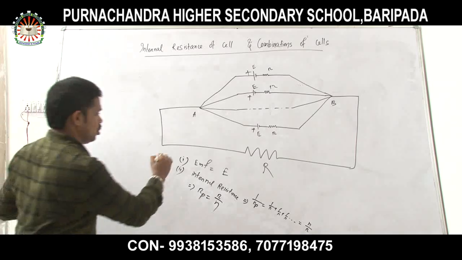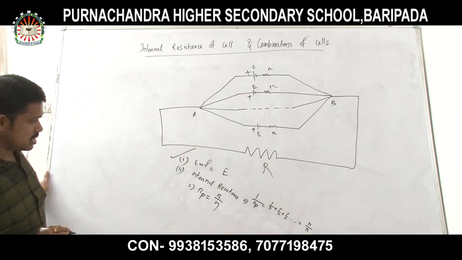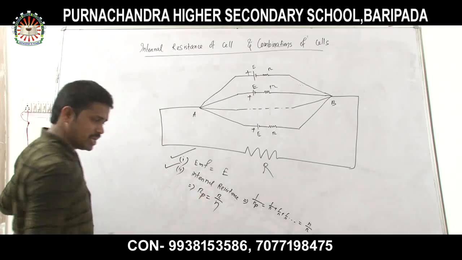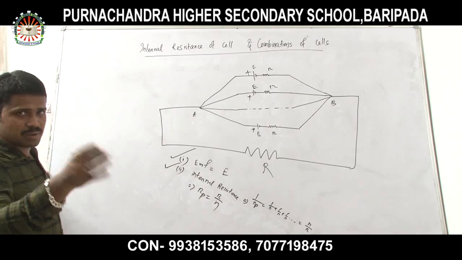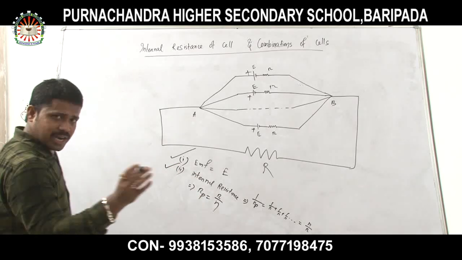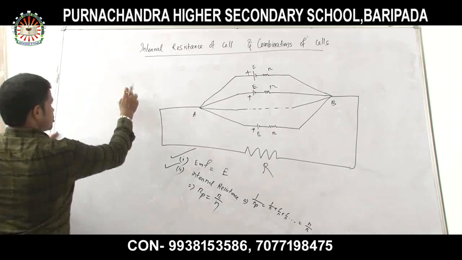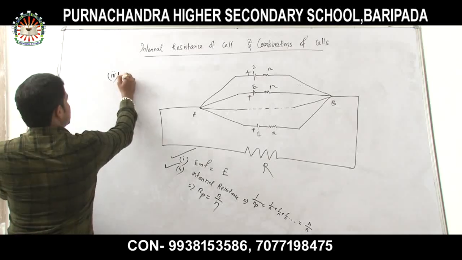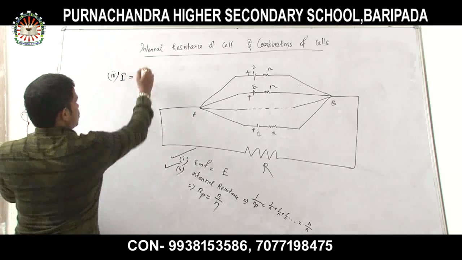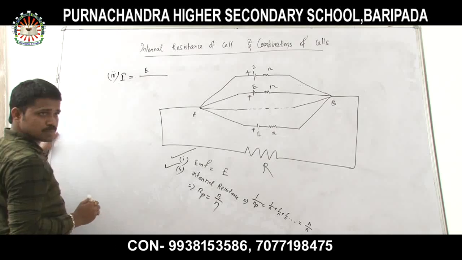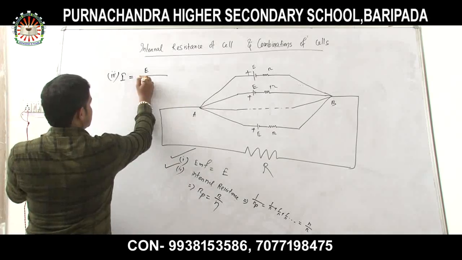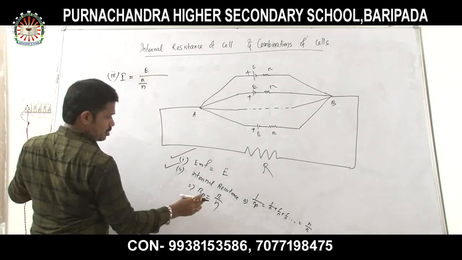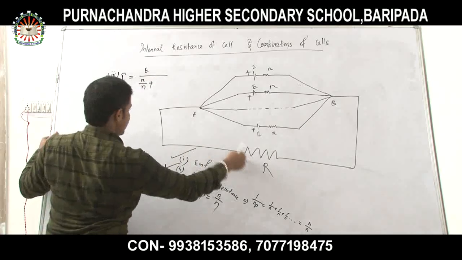Clear? Okay. So the total EMF is the EMF of an individual cell, and the internal resistance becomes this. Next, what is the expression of current? Now number 3, let us find out the current. Current I is equal to the total EMF E divided by the total internal resistance plus the external resistance.